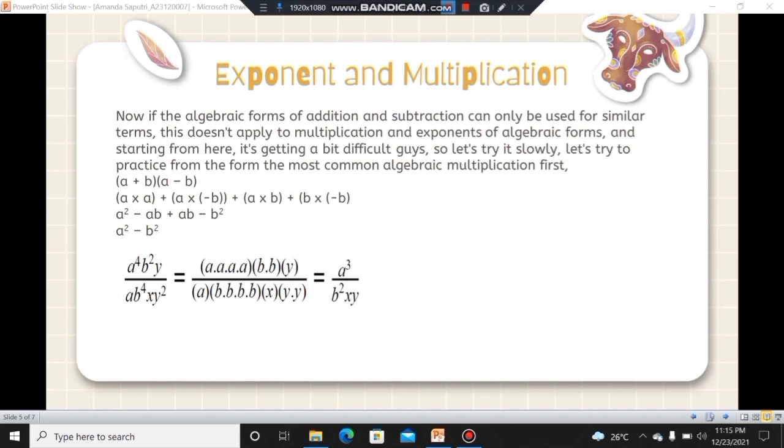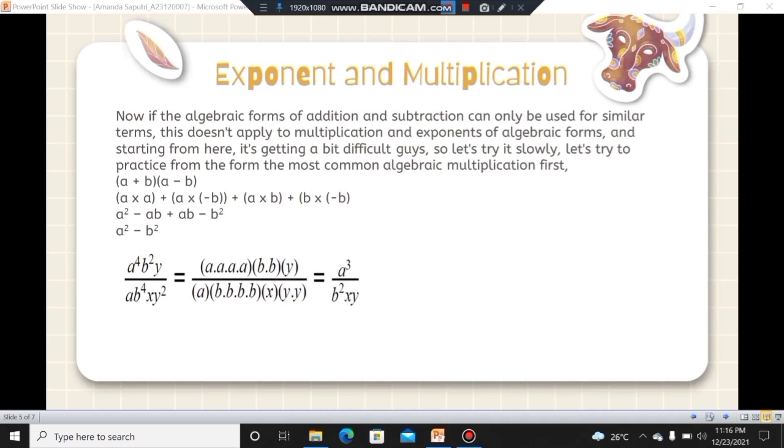So let's try it slowly. Let's practice from the most common algebraic multiplication first: a plus b times a minus b. How is it resolved? Let's explain one by one.